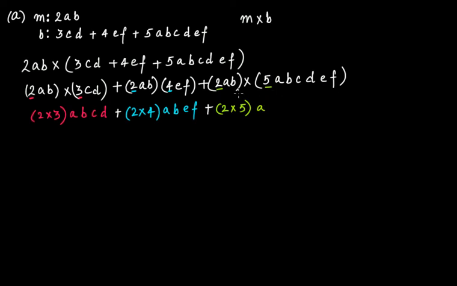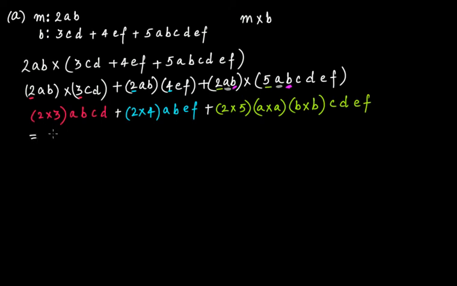Now pay attention here. In this case you have this a and this a, so this will be a multiplied by a. Then you have this b and this b, so this will be b multiplied by b, then you have c, d, e and f.